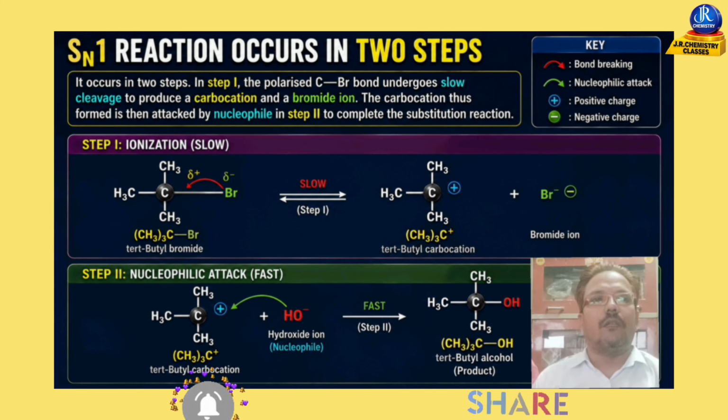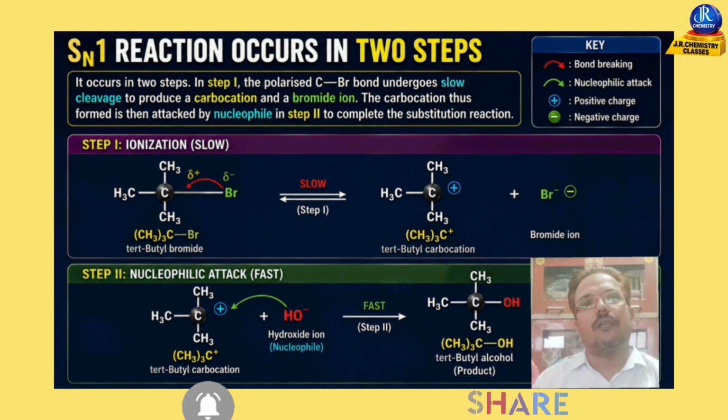In step 1, the polarized C single bond Br bond undergoes slow cleavage to produce a carbocation and a bromide ion. The carbocation thus formed is then attacked by the nucleophile in step 2 to complete the substitution reaction.